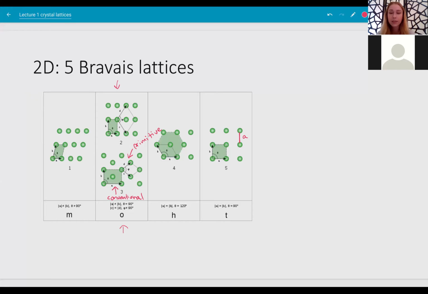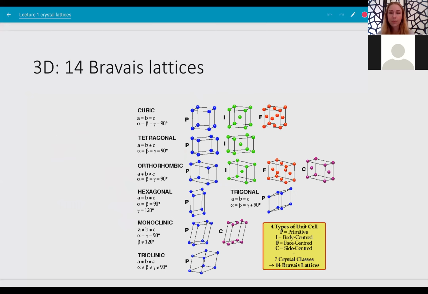Okay, so these are the Bravais lattices, the primitive lattices that exist in 2 dimensions. There are only 5 of them. In 3 dimensions, there are only 14 of them, and they are shown here. Again, they're grouped into cubic, tetragonal. Cubic has all 3 sides equal, and tetragonal has a square base, and then it's a prism where the third length is not equal to the size of the base.